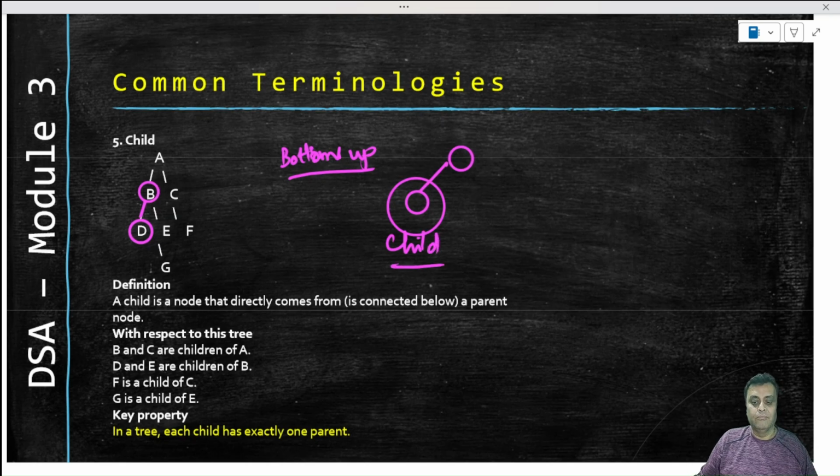That is all I'm saying. So that is the definition of a child. From a node, use an edge to go up. If you can do that, then you are a child to that particular node, which is the parent. So whichever way you want to define it, as long as you are using this edge to either go up or go down, you can define parent and child interchangeably.